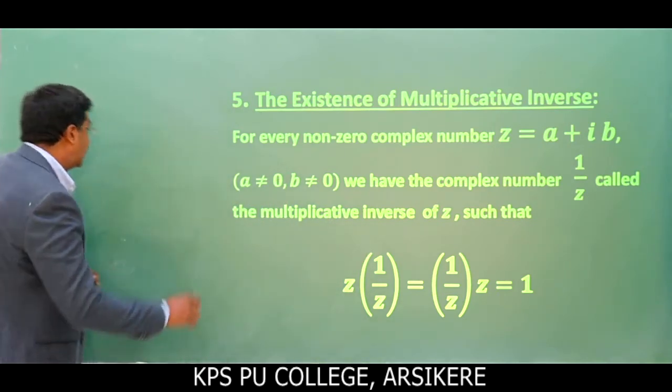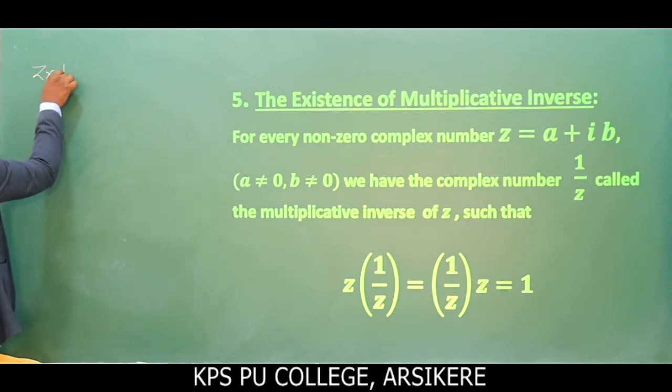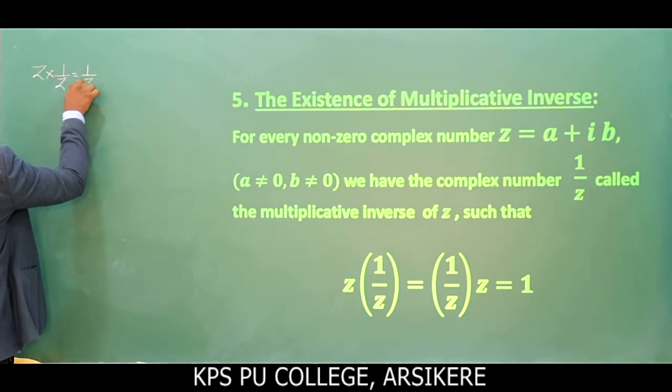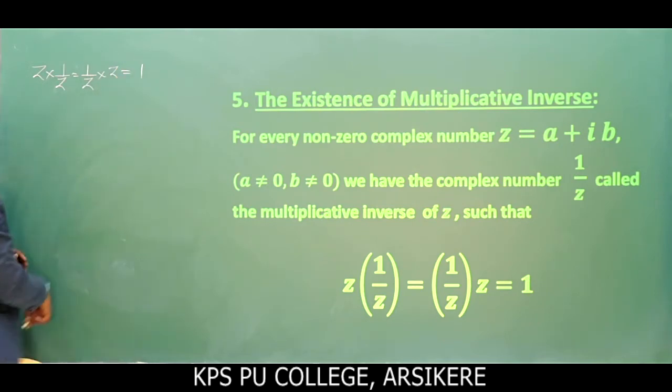Here we have the relation, nodi, z into 1 by z is equal to 1 by z into z is equal to 1 ಇದೆ.